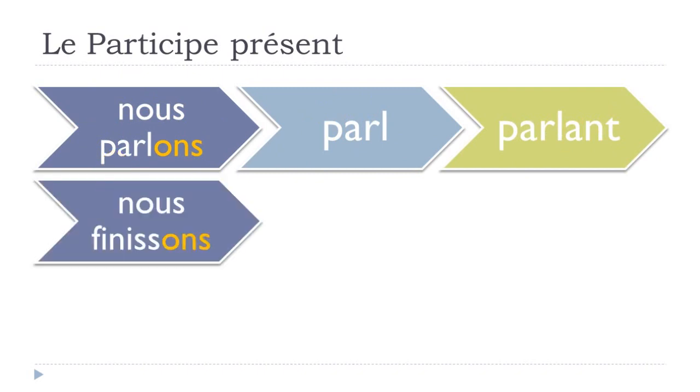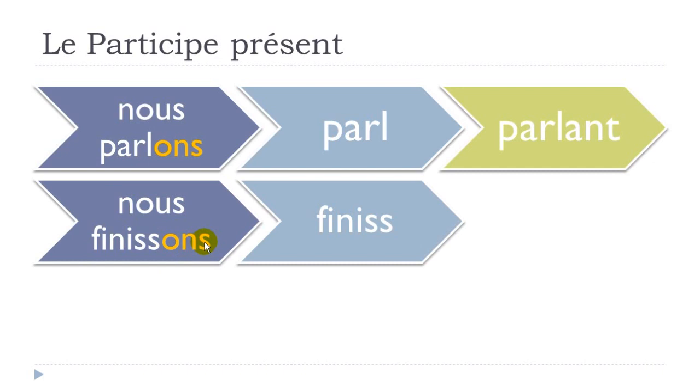Let's see now. Second group, finir, to finish or to end, and so we get nous finissons, remember, the form of the present tense, nous finissons. And it's exactly the same rule, so you spot or you try to find the ending here. It's ONS, okay? We'll do exactly the same thing, so we'll take it away, and we get finiss, like that, F-I-N-I-S-S, all right?